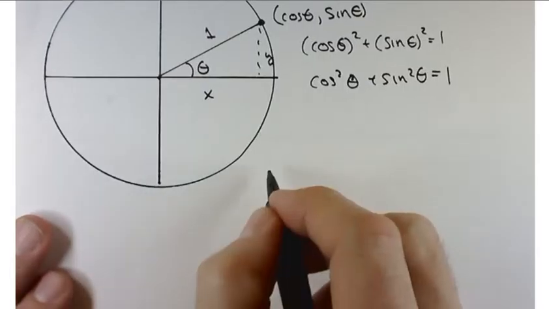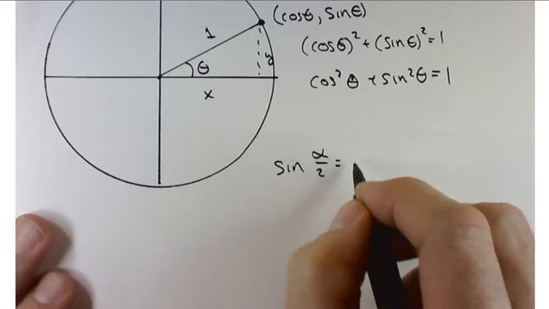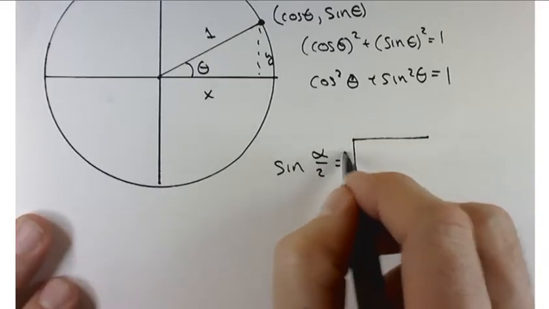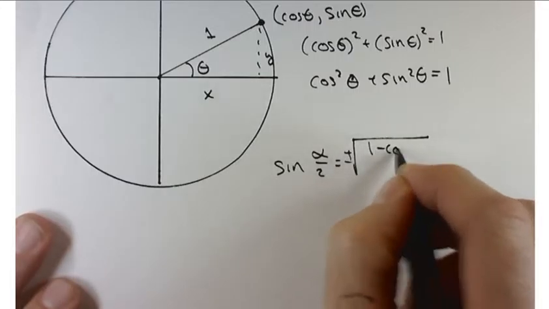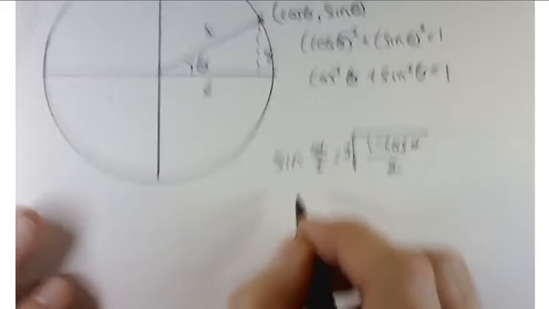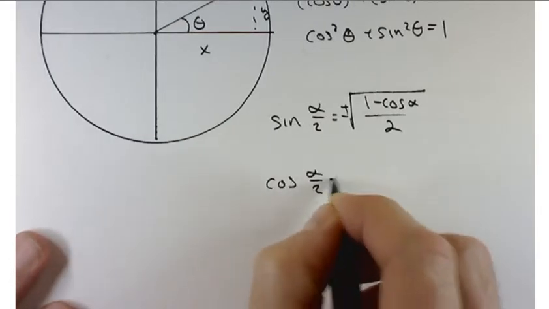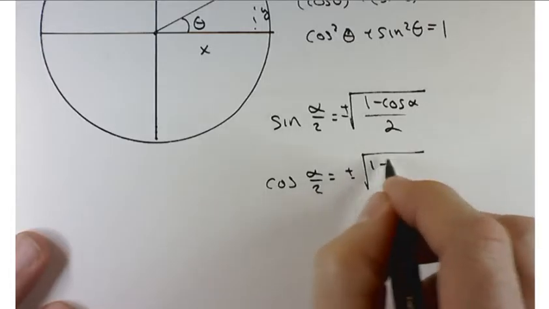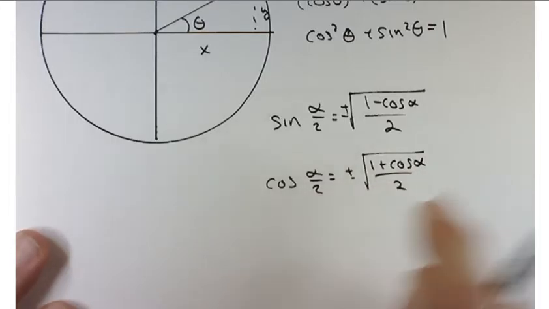Okay, so let me write down the half angle formulas then. The first one is sine of alpha over 2 is going to be plus or minus the square root of 1 minus cosine of alpha over 2. The cosine of alpha over 2 is going to look very similar. The only difference is that there's going to be a plus here as opposed to a minus in that formula.